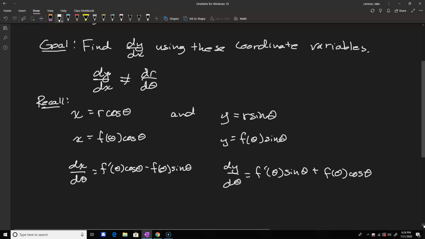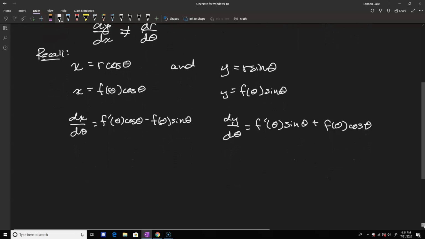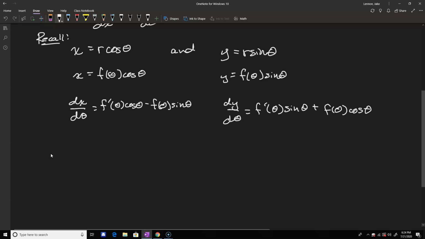So we can combine these to actually get the correct derivative for dy dx. So dy dx here is actually going to be dy d theta over dx d theta. And that's essentially just the two things we wrote down being divided by each other.